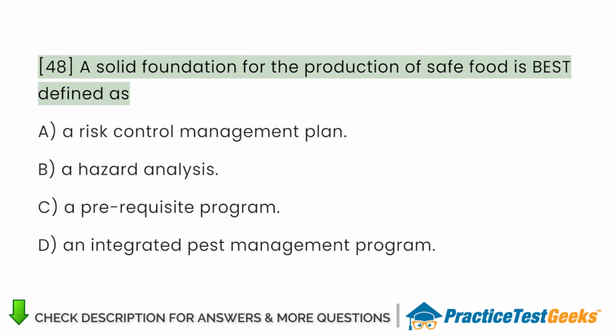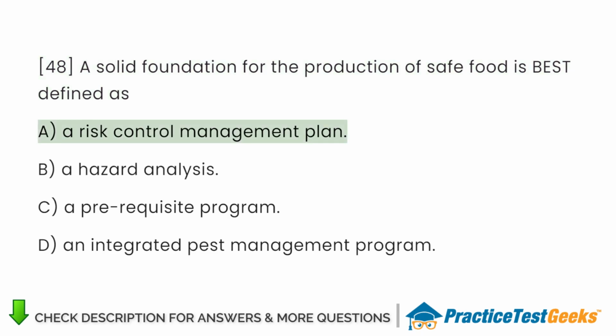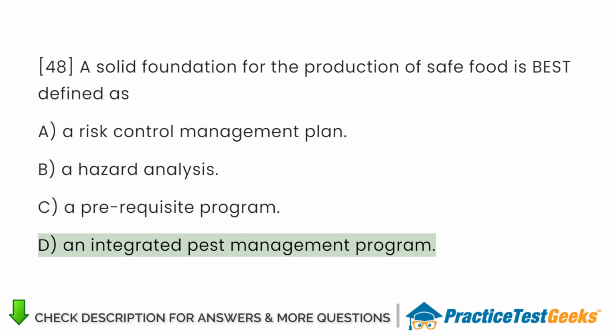A solid foundation for the production of safe food is best defined as A. A risk control management plan. B. A hazard analysis. C. A prerequisite program. D. An integrated pest management program.